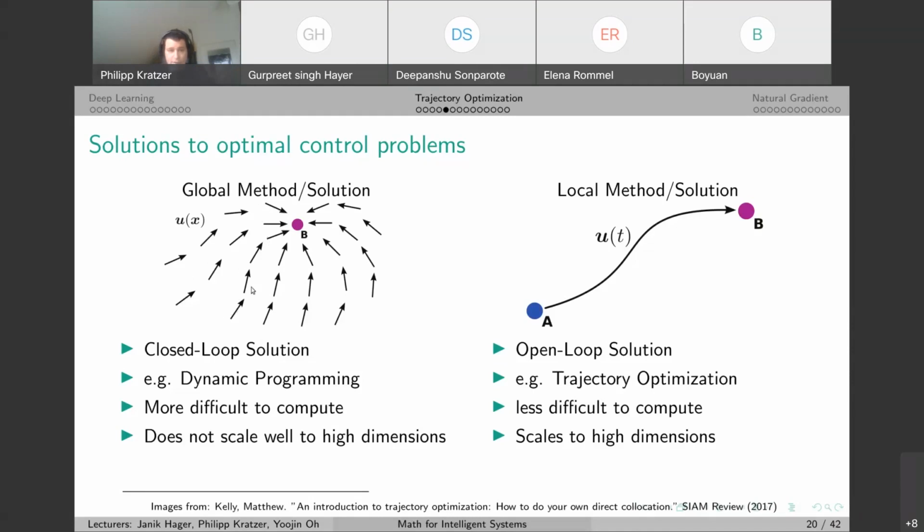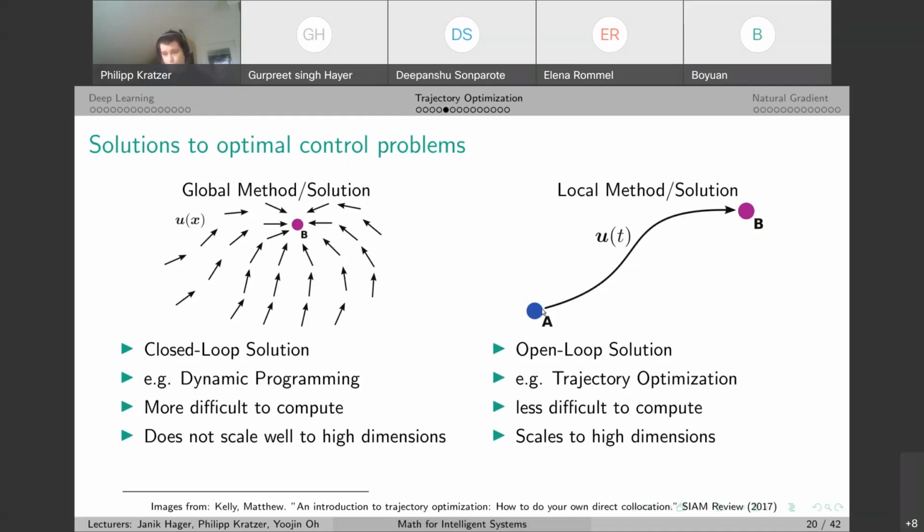So no matter where you are in the state space, you would know what actions you would need to do in order to end up in the end in this closed loop solution. And yeah, typically this can, for example, be done by dynamic programming. But if you know about dynamic programming, you also know that this does not scale well to very high dimensions, and in the continuous case is even hard to apply, more difficult to compute.